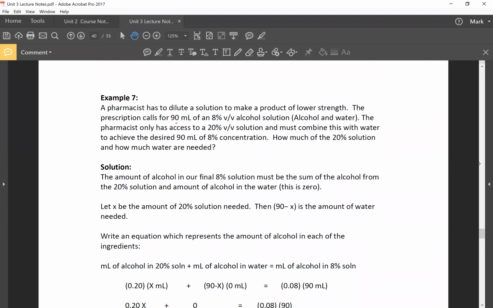Okay, there we go. So I'm trying to make this solution, 90 milliliters of 8%. The problem is I have a 20% solution on the shelf and I need to dilute this with water. So the question is, how much 20% solution will I need, and how much water will I add to that?